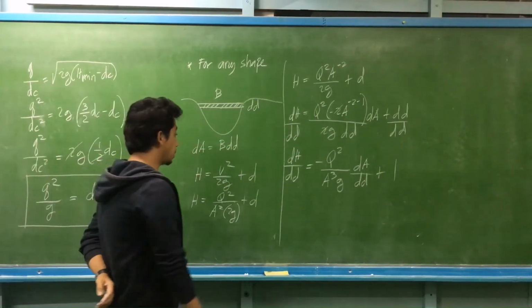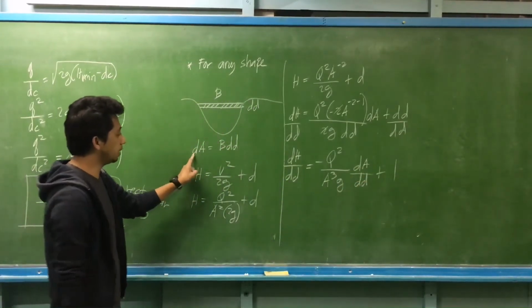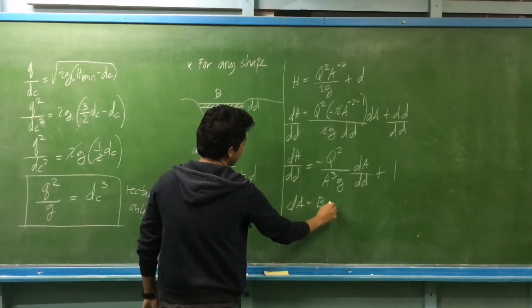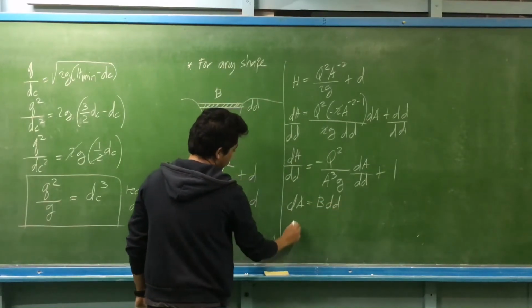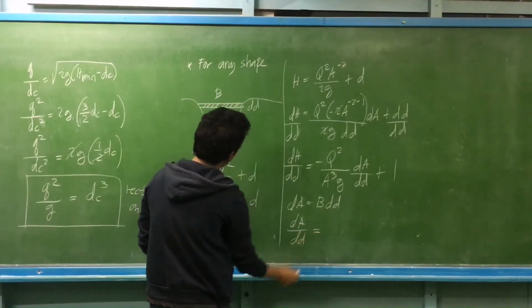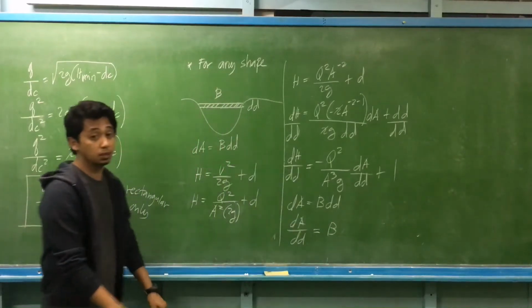Alright? So what is the equivalent of differential area over differential depth? From here, differential area is equal to the top base times the differential depth. So differential area divided by the differential depth is basically equal to the top base of the channel. That is the same as B.